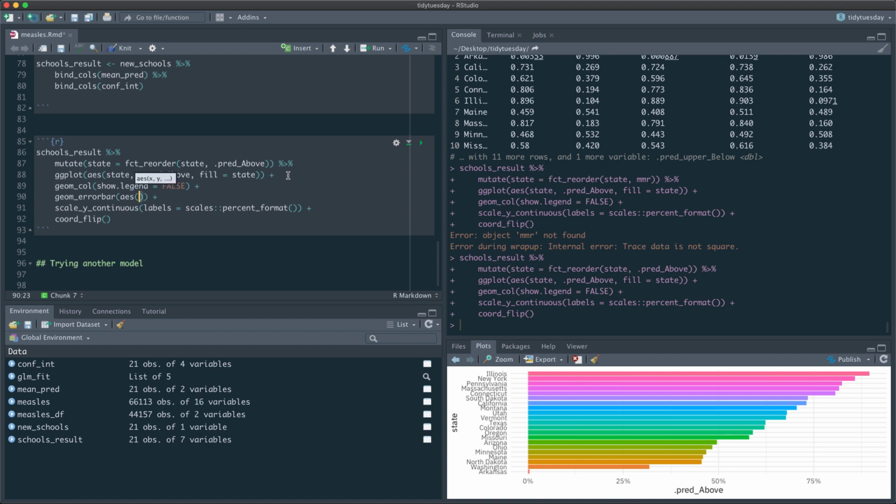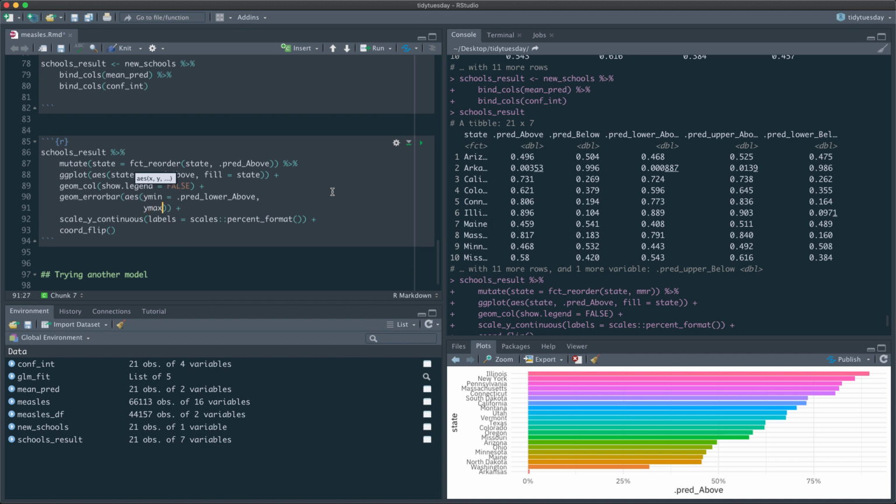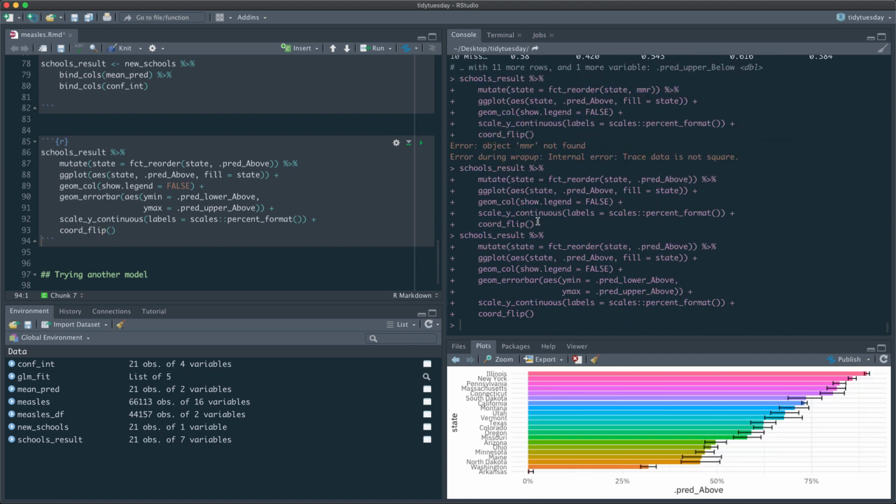And so let's say the Y min is equal to the predict lower above, and Y max is predict lower. Oh, I did predict upper. I'm sorry, upper above. Like so, and I'm probably going to have to give this a different color. Yeah, it's black.